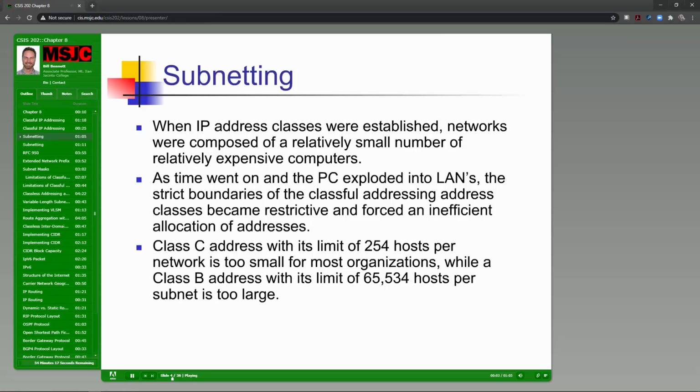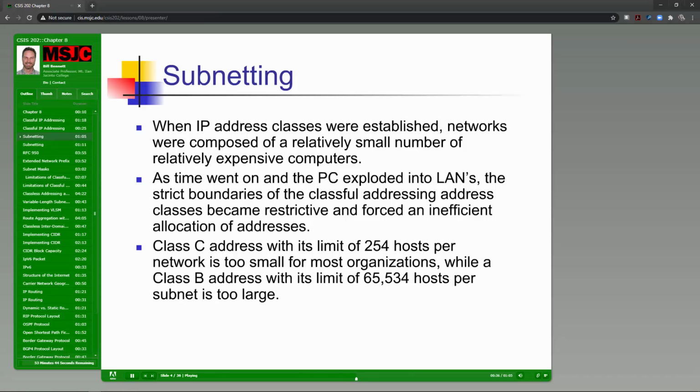When IP address classes were first established, networks were composed of relatively small numbers of relatively inexpensive computers. As time went on and the PC exploded into local area networks, the strict boundaries of the classful addressing address classes became very restrictive, and it forced an inefficient allocation of addresses. Class C address ranges have a limit of 254 hosts per segment, which sometimes is too small for a lot of organizations.